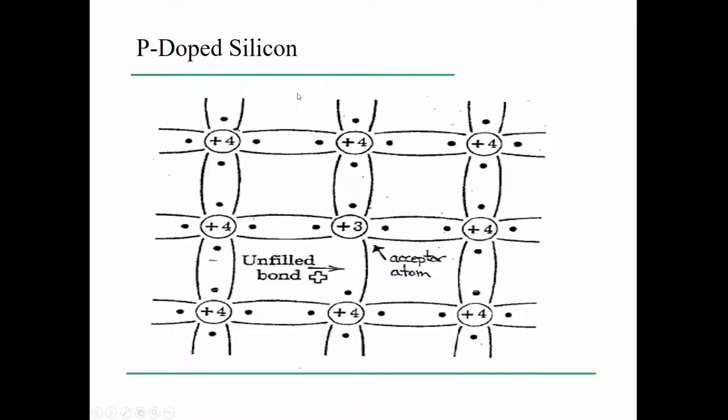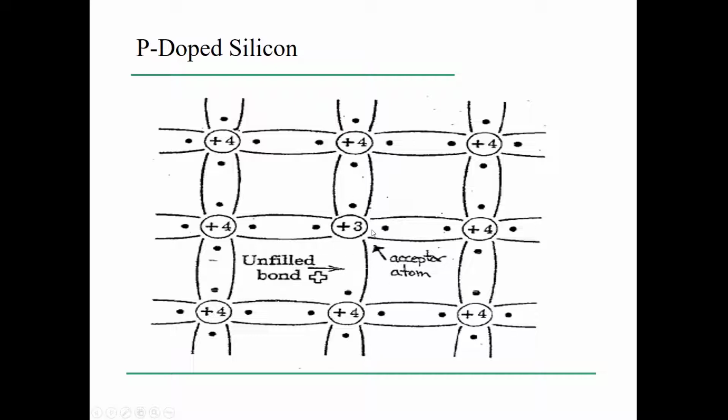Okay, p-doped silicon, it's just now the substance that's added, often in the case of silicon, boron. Well, it has one less valence electron than the silicon atoms have. So what happens is a nearby silicon valence electron will actually drop down into the orbit of this boron valence orbit.